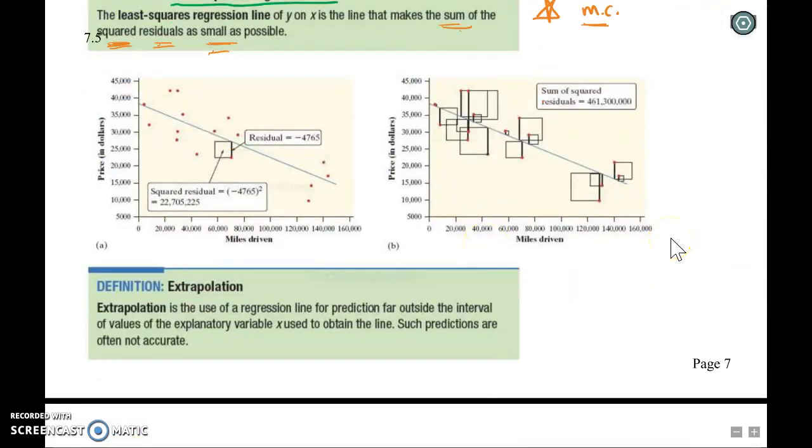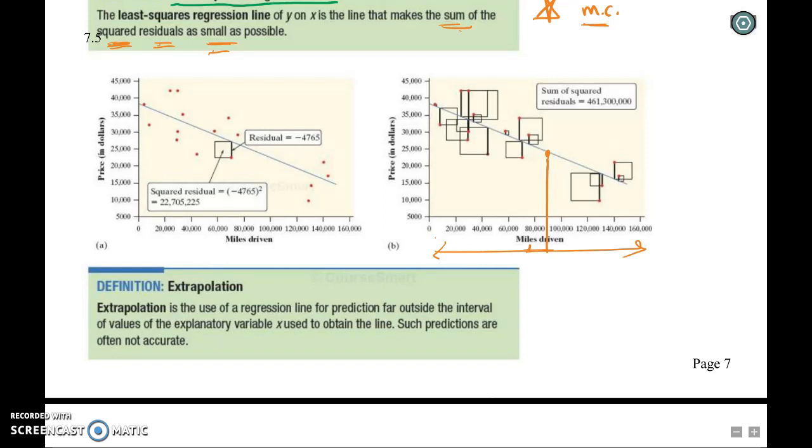Extrapolation, basically. It looks like this is miles driven between 0 and 160,000. If we make predictions within our data range for our x variable, that's called interpolation, right? We're making predictions within our data set, fairly reliable.